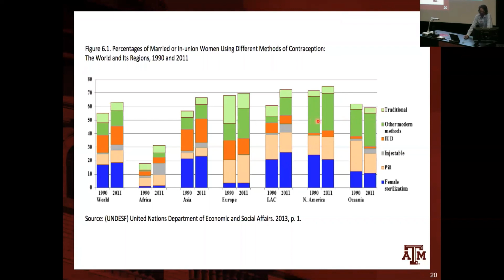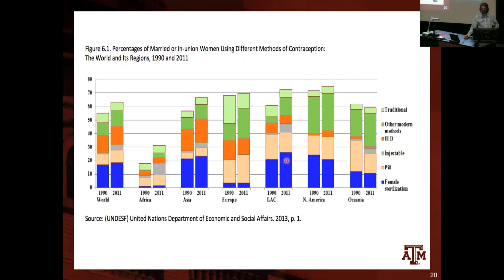In Europe, North America, and Oceania, you have a more even spread of women using different modern methods. It shows that they have more options. And in Latin America and the Caribbean, in Asia, and in Africa, you see that the share of women using other modern methods is much smaller.